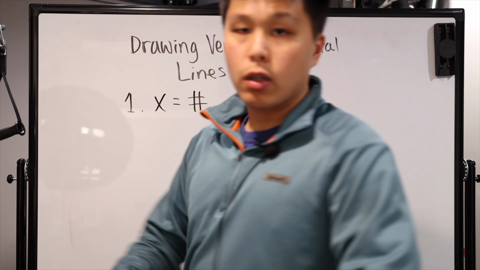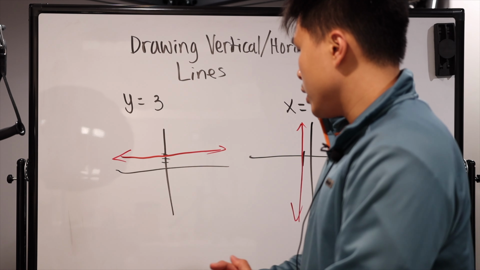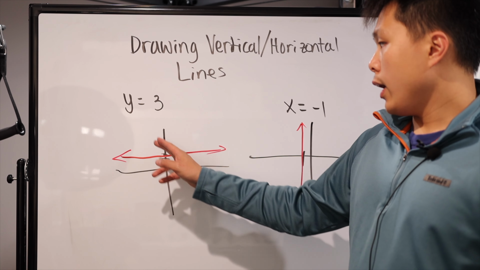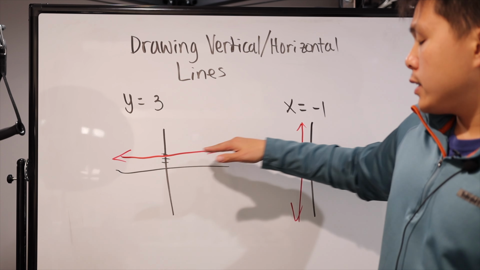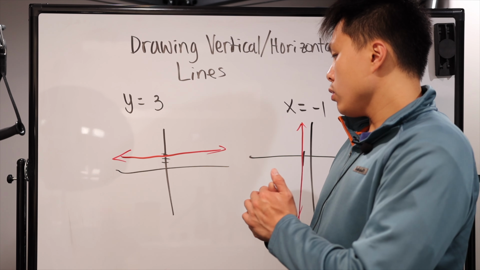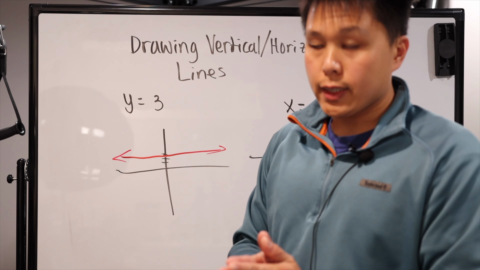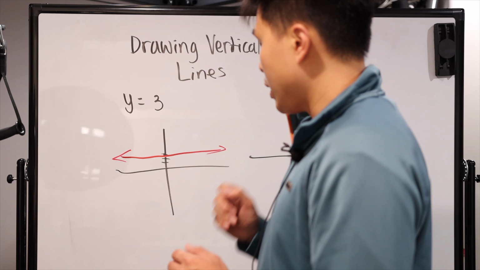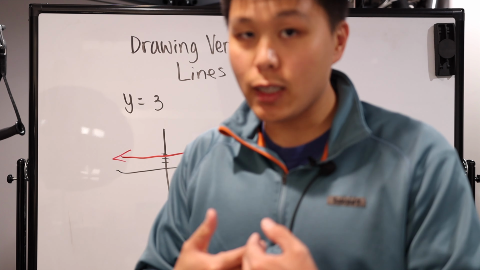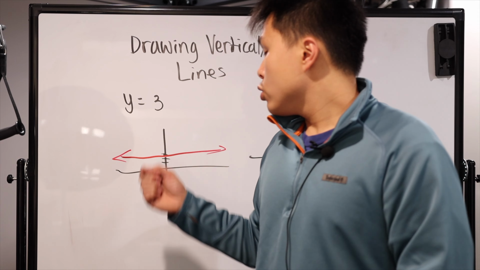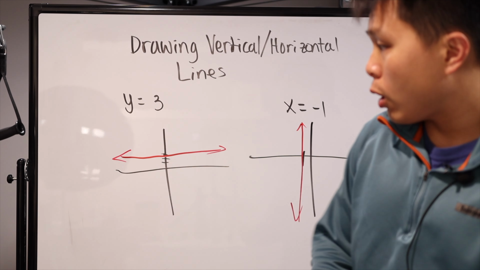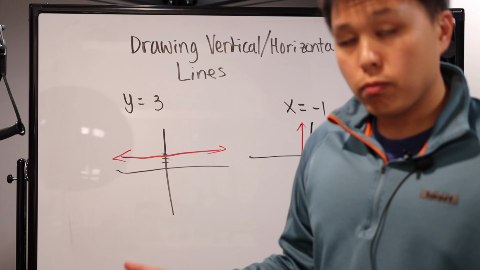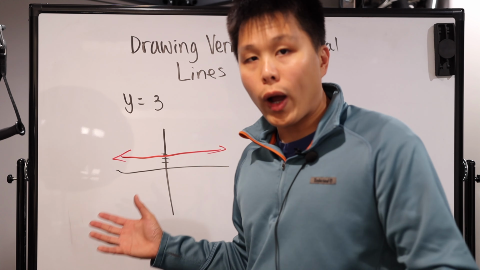Now, what I actually want to point out is this. Notice that y equals 3 is a horizontal line parallel to the x-axis. It's very tempting, and I've seen it done many times with many students, and myself when I first started learning it, to see y equals 3 and think I must be parallel to the y-axis, because there's y on it.